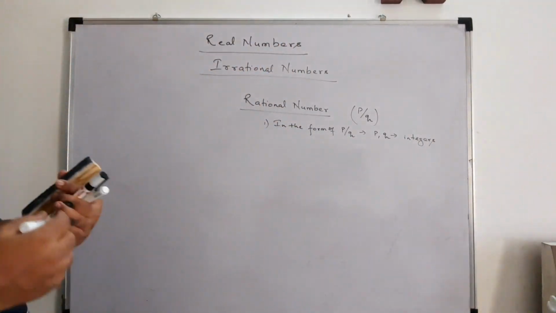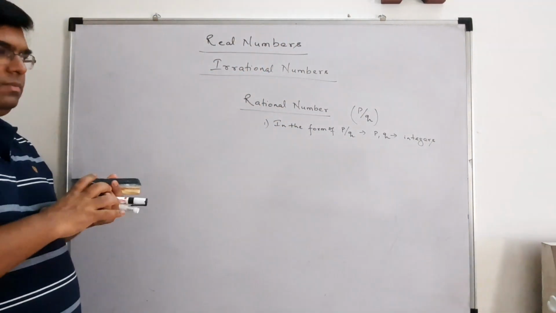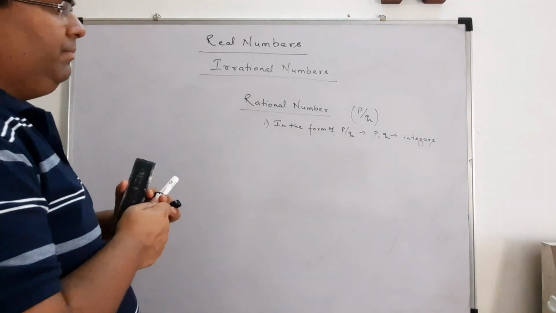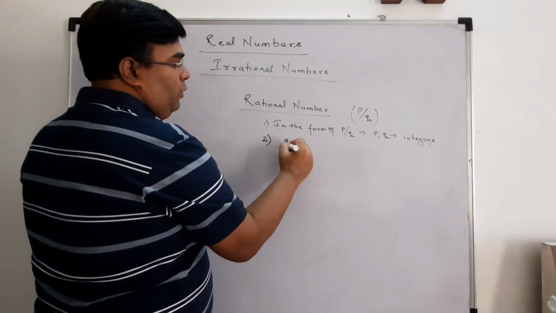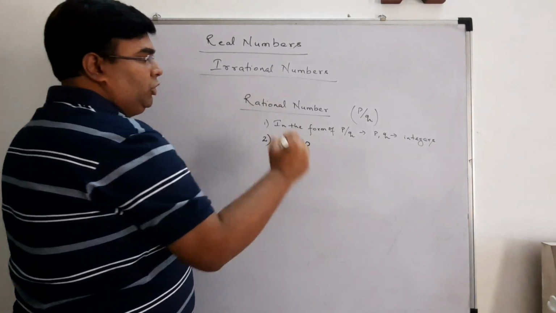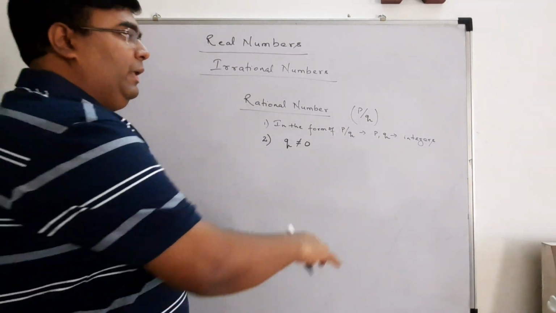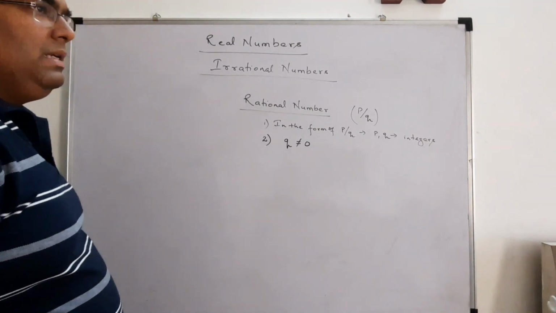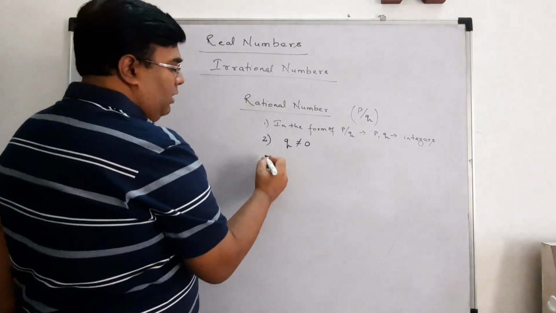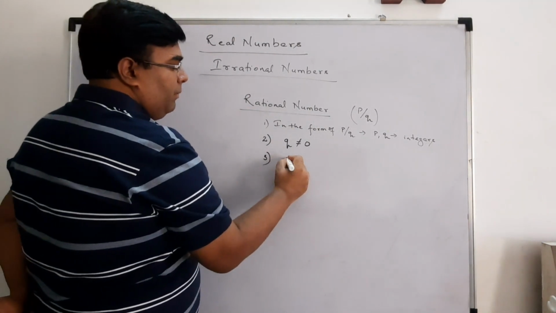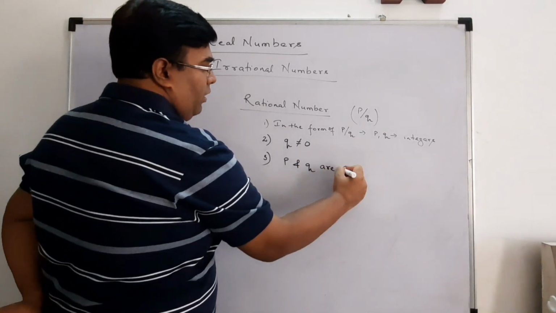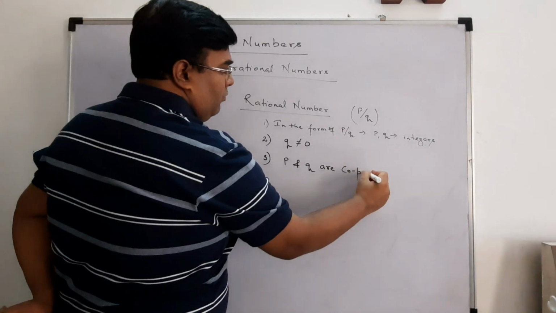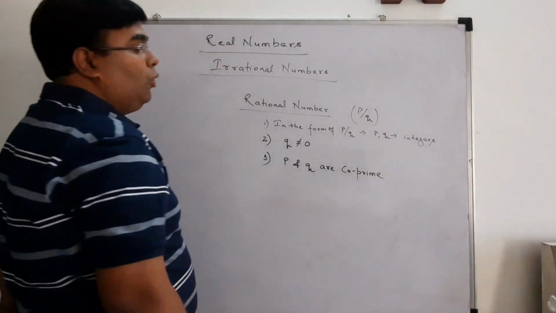integers. That is the first point. Second point, q should not be equal to 0. Our denominator will never be 0. Third point, p and q are co-prime.